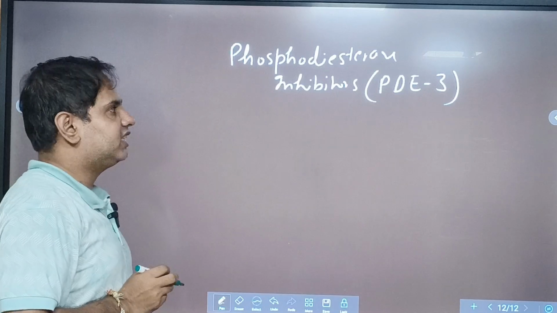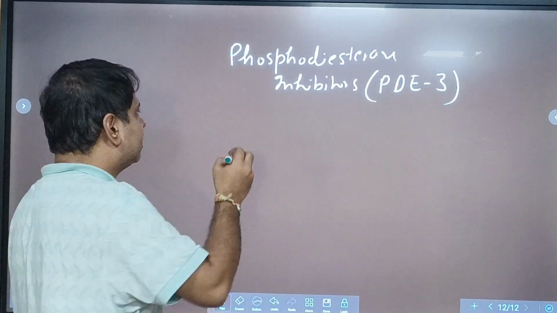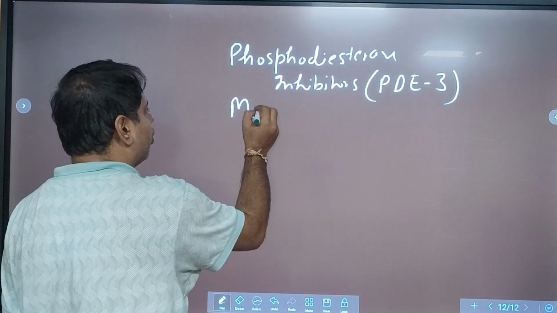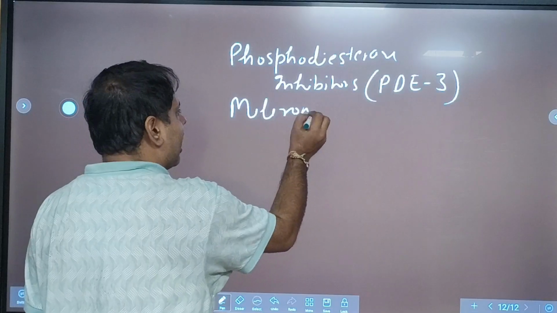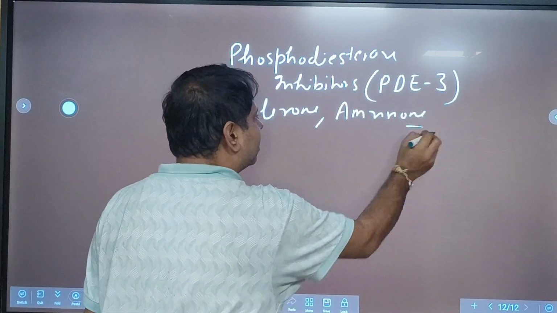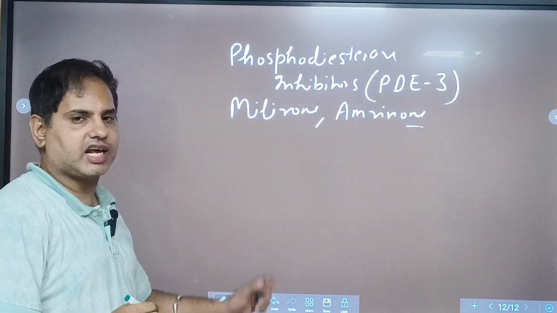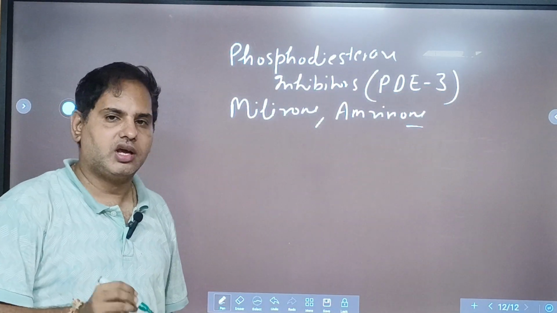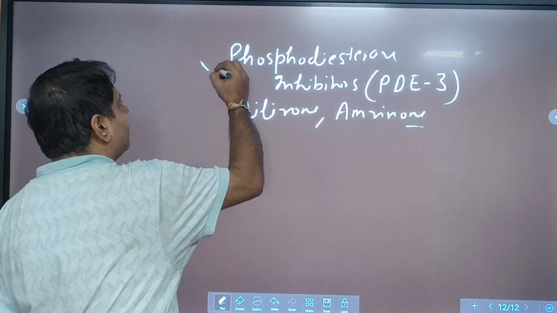So the drugs under this category are milrinone and amrinone. These are the drugs under this classification, phosphodiesterase inhibitors. And these drugs are also ionotropic agents.